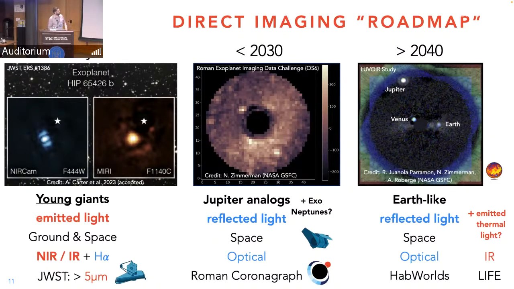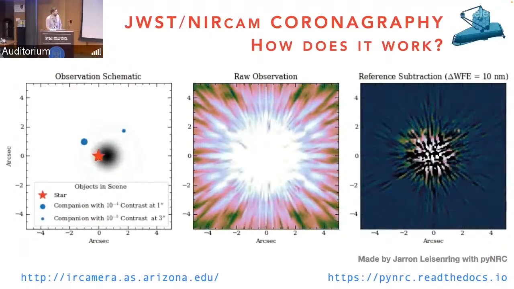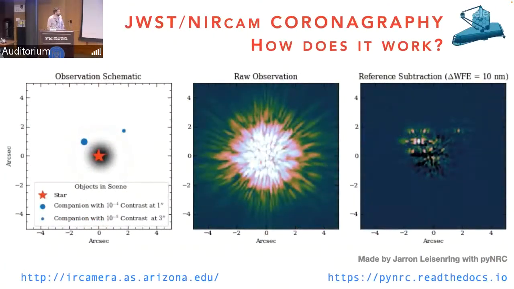In this case, you have two planets in reflected light, about 1 Jupiter mass each. And on the right is what hopefully a 10 to 15 meter, maybe not, a 6 to 15 meter segmented telescope would see if it is to fly in the future, and have a contrast of about 10 to the minus 10. So the way it works on JWST, this is NIRCam.